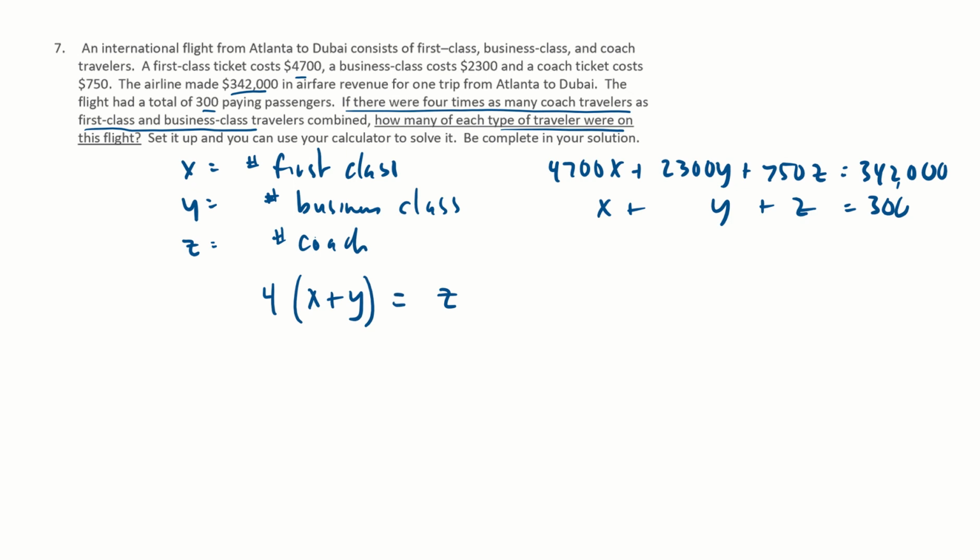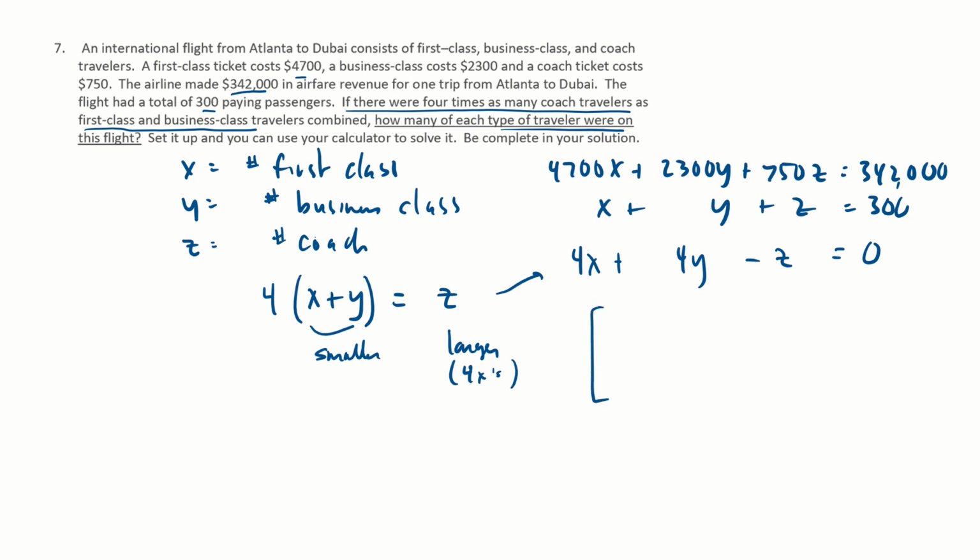Does that make sense? This number is the smaller number, and this is larger by 4 times. So I have to multiply the smaller one by 4 to make them equal. So then this becomes 4x plus 4y, and if I subtract the z, minus z equals 0. And I can go ahead and put that in my matrix.